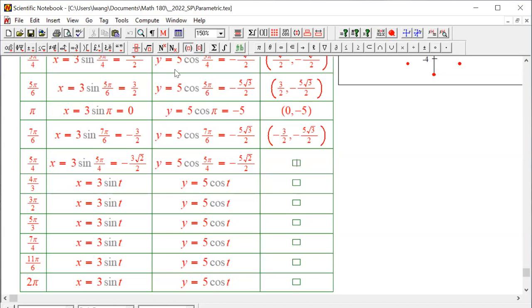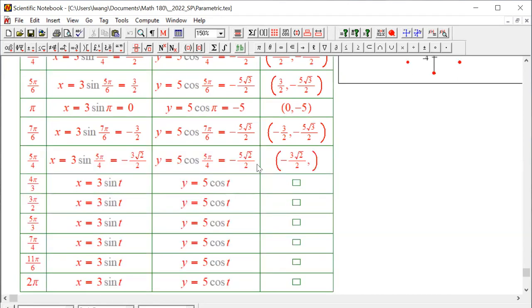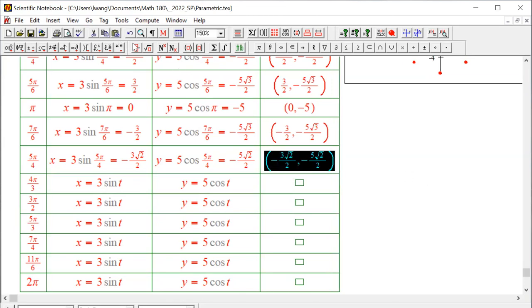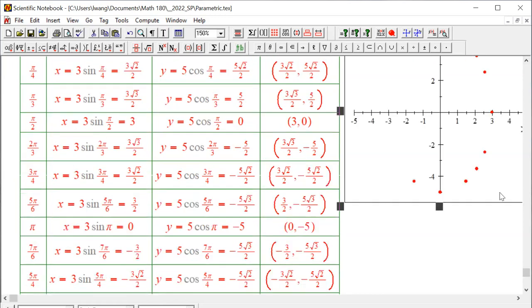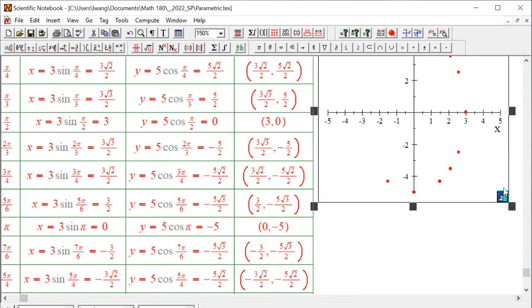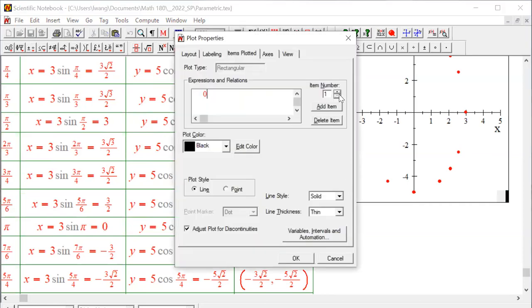So the point is -3 times √2/2, comma, -5 times √2/2. And we got another point. Don't give up. You can do it.